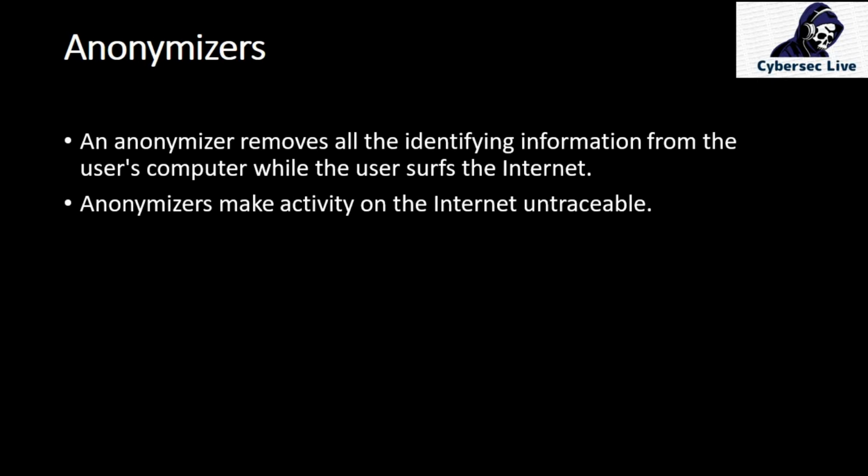Let's say you are a hacker and you don't want to show your identity anywhere. What you will do is use a lot of different proxy servers and VPNs so that your IP is not disclosed, your identification is not disclosed. This hiding of identifying information from the user's computer, that's what we call an anonymizer.